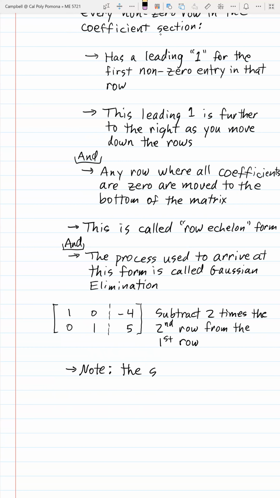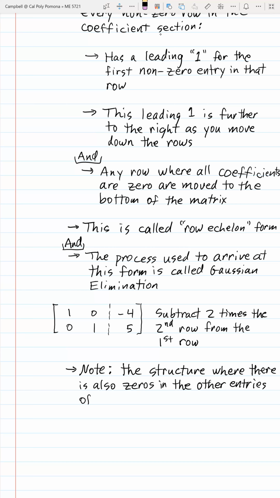So note the structure where there are also zeros in the other entries of a column that contains a leading one.